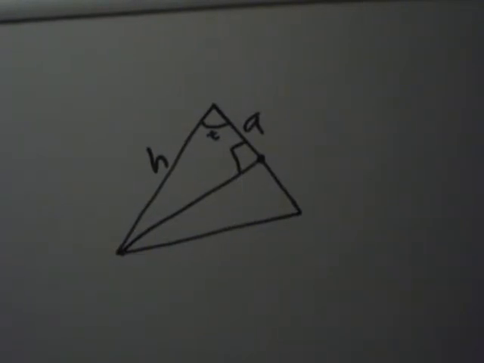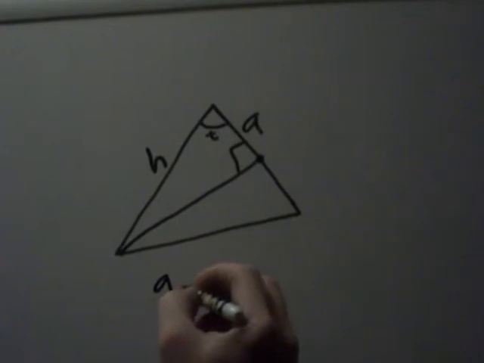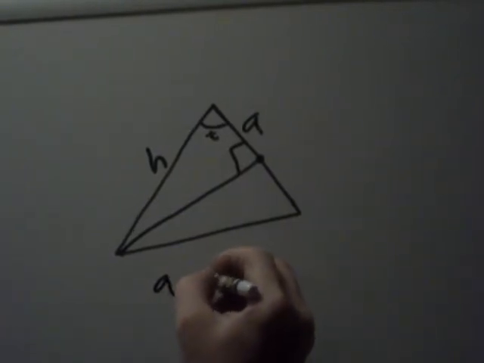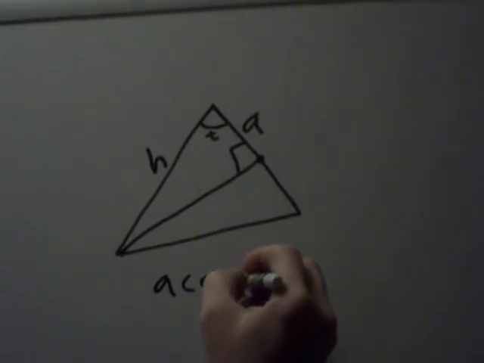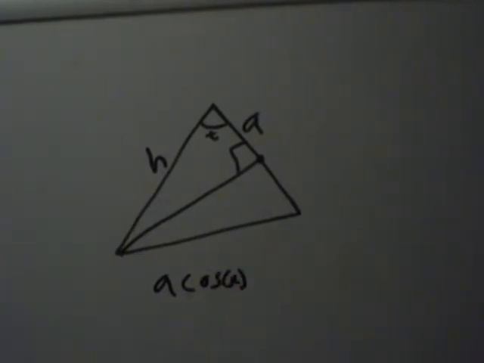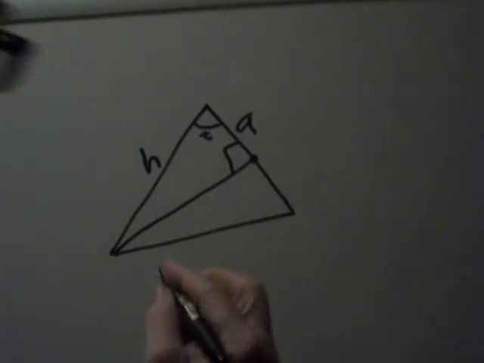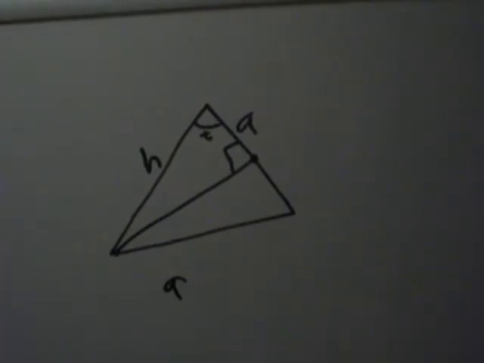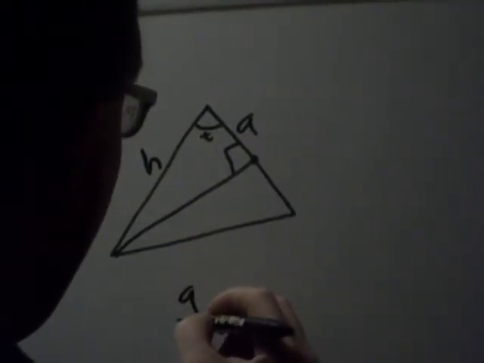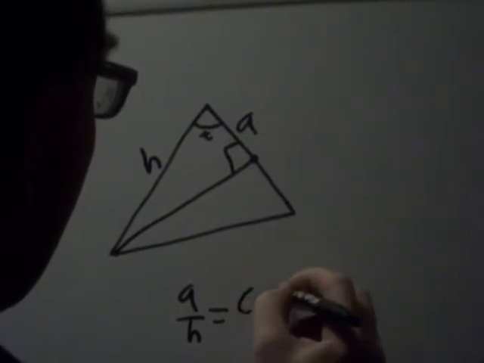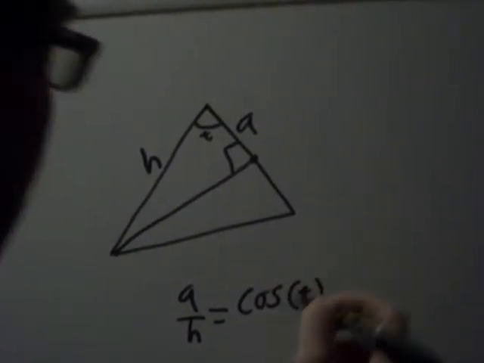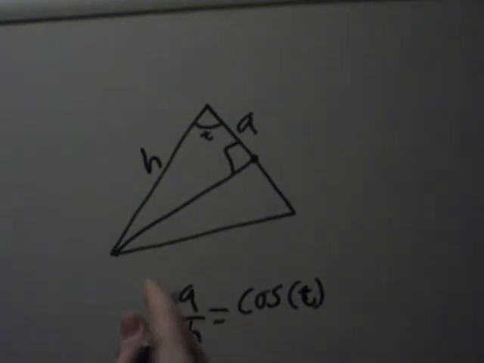And I think if you put your mind to it, you'll figure this whole thing out. But like I said, what you're going to do is have A times the cosine, no, that's wrong. Sorry. You'll have A over H equaling the cosine of t. Again, like I said, you'll move the H over here.